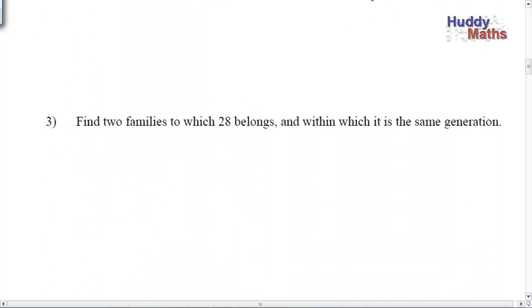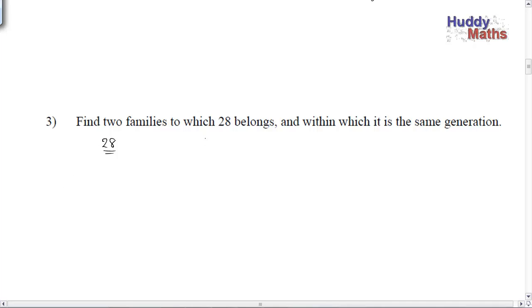Here we are. Find 2 families to which 28 belongs and within which it is the same generation. Okay, I want you to pause the presentation now and have a go. All right, coming back, I've got to get the family member to equal 28.